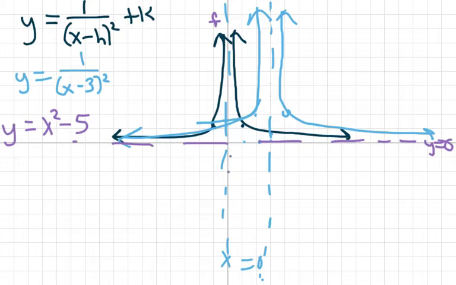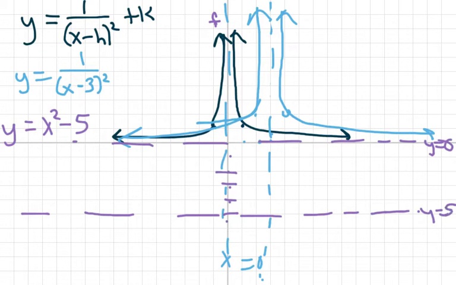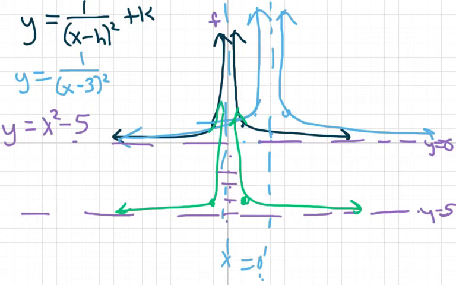So I'm going to go 1, 2, 3, 4, 5, right here. And draw my horizontal asymptote at y equals -5. And then all I'm going to do is just graph it based on my other graph. I'm just going to put my 1s in and graph it based on that. And it keeps going up.